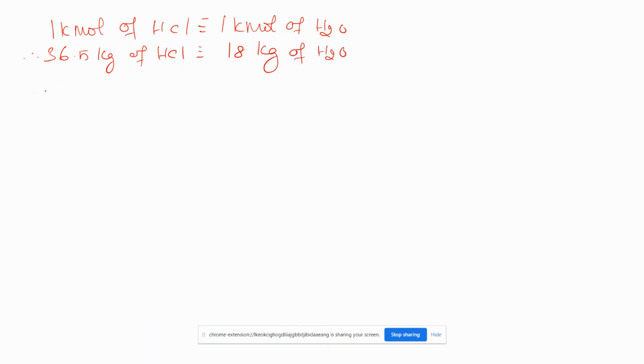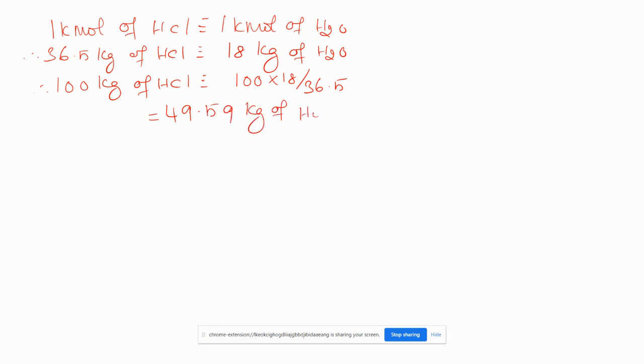For the given 100 kgs of HCl, you will have 100 into 18 divided by 36.5, that is 49.59 kgs of water produced.